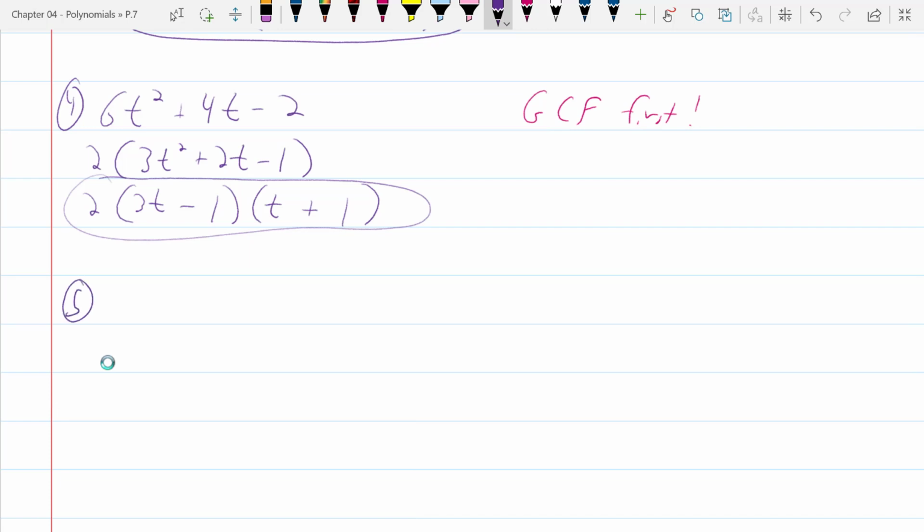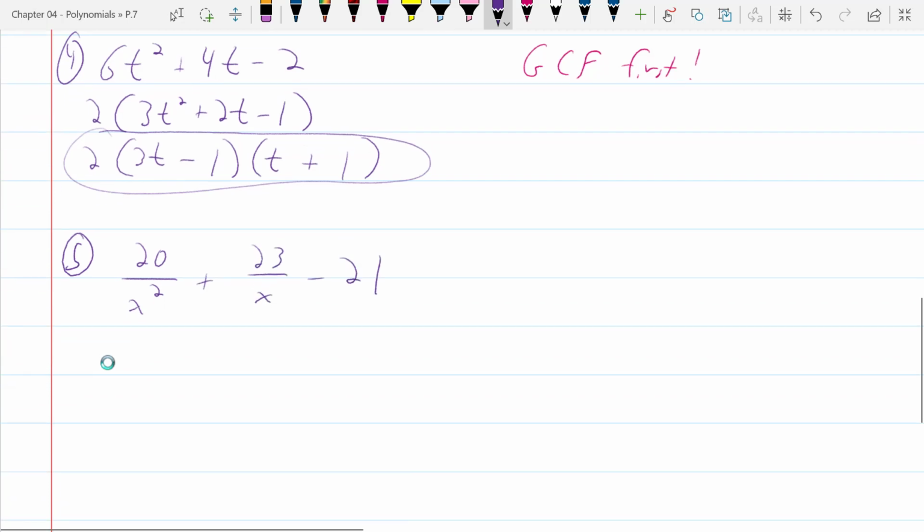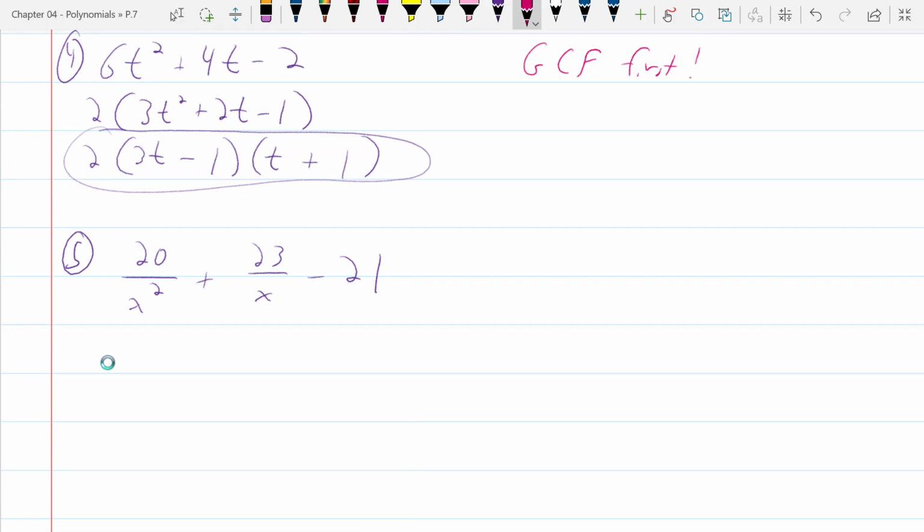Okay, continuing on, let's do 20 over x squared plus 23 over x minus 21. And I want to factor this. Well, this should trigger a memory back when we did divided by x's, when we did systems of equations. Remember, we'd have like 1 over x plus 2 over y is equal to 1/4, and you would let u equal 1 over x.